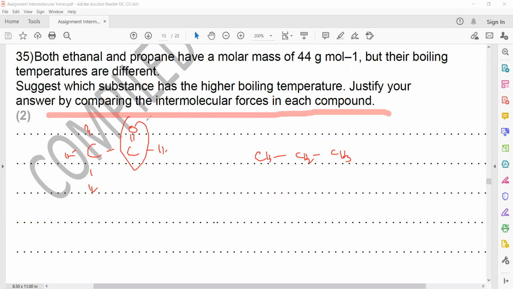So this will have partial negative and partial positive, so dipole. The type of forces it will have are London forces and permanent dipole, whereas propane will have only London forces.